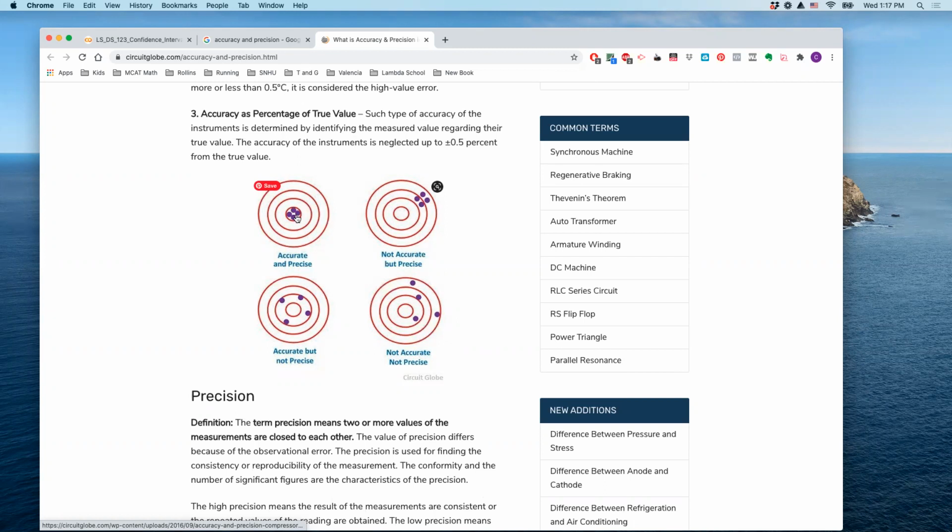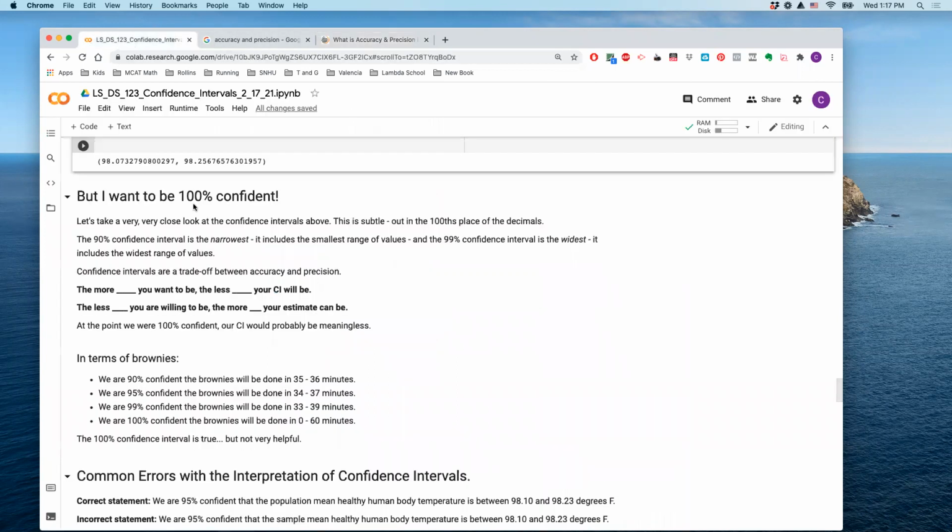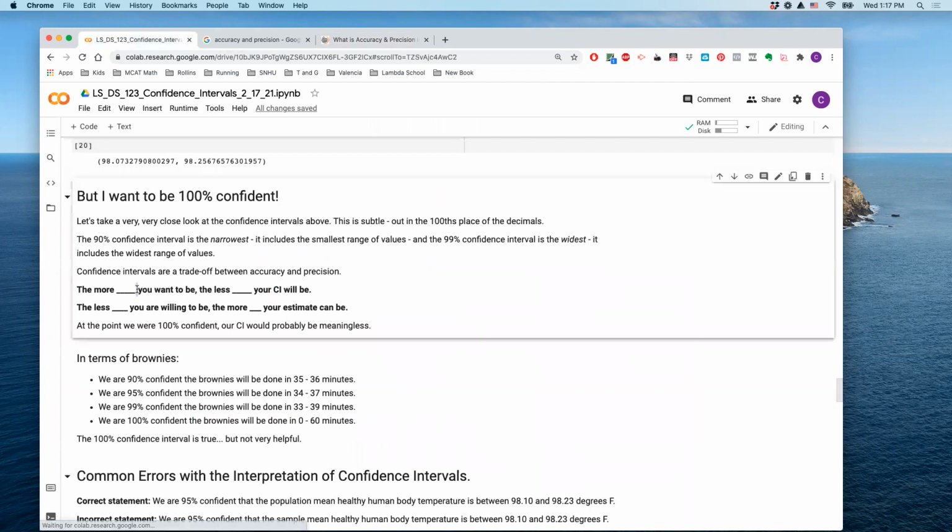Unfortunately, because we don't know exactly what the bullseye is, we have a trade-off between being accurate and precise here.